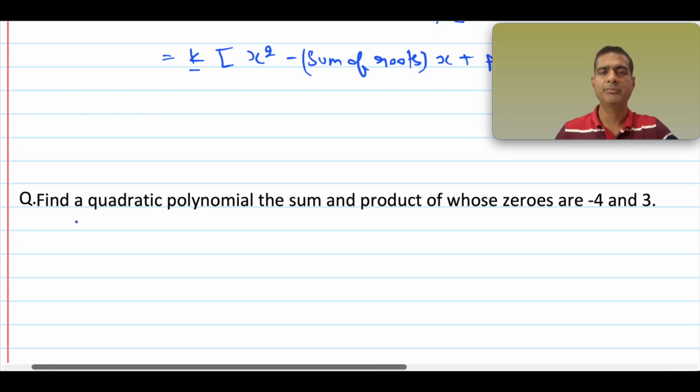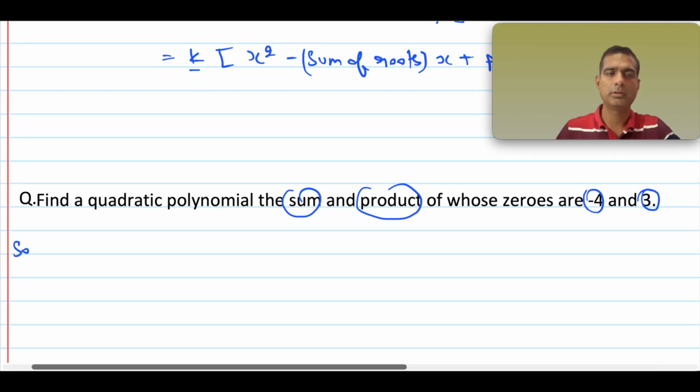So the question is, find a quadratic polynomial, the sum and product of whose roots are -4 and 3. So remember, students, here the sum and product of the zeros are given, -4 and 3. So we have to be very cautious. Many times we assume that -4 and 3 are the roots of the equation, and then we find out their sum and the product, and that leads to our wrong result.